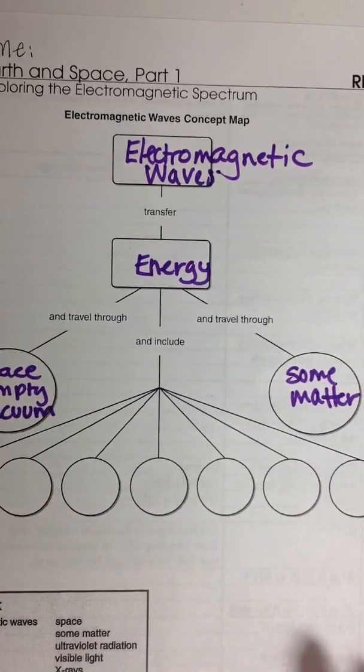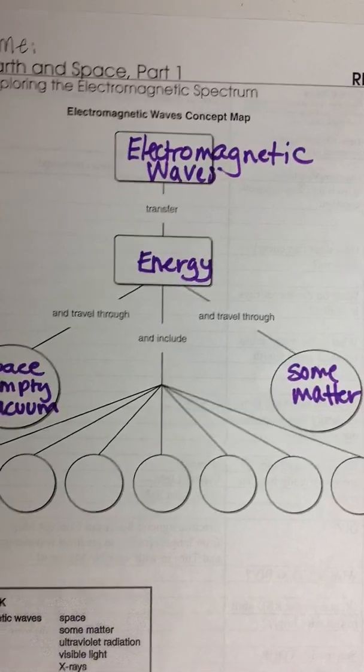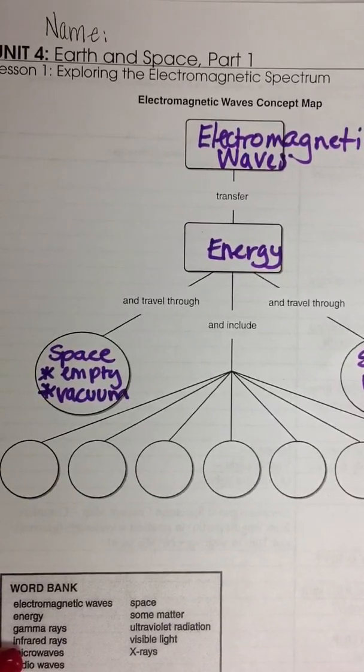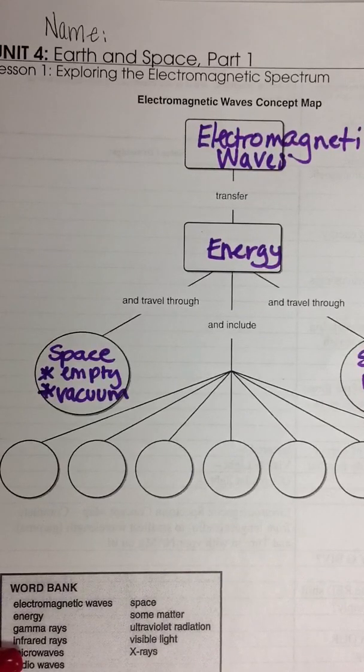Now, if you were really paying attention when you went through the PowerPoint, you know that these waves can be organized into, number one, either the energy level, high or low, or you could do it by wavelength, meaning that they're either short waves or long waves.